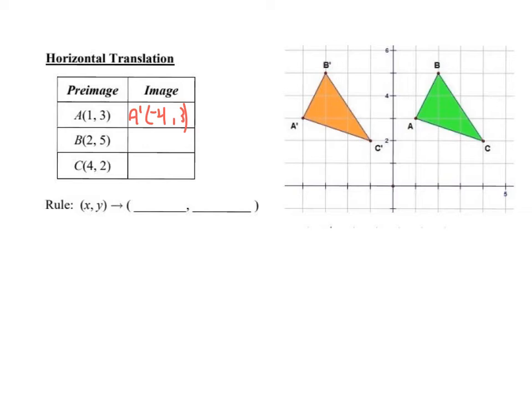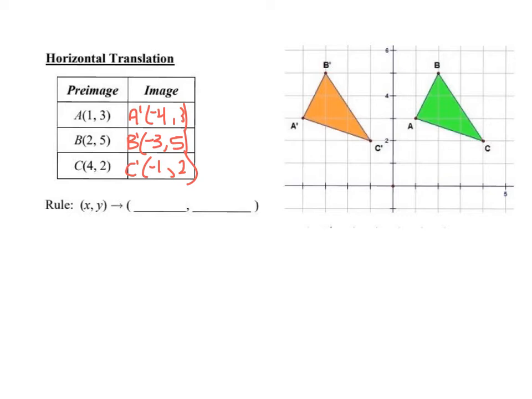B prime is at negative 3, 5. And C prime is at negative 1, 2. Pause the video and see if you can determine the rule for a horizontal translation.